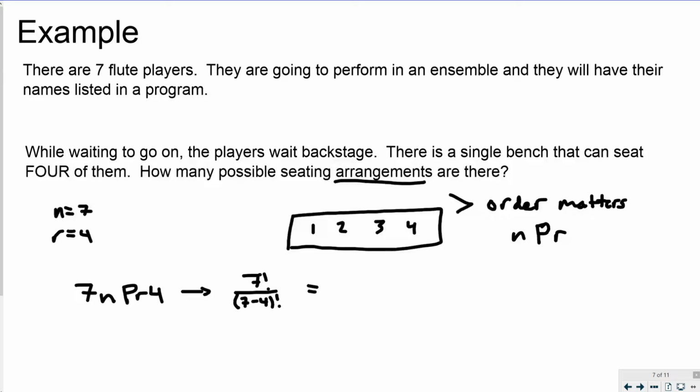And when I go ahead and calculate that, it leaves me with 840 arrangements. So there are 840 ways to seat the flute players. So there's 840 different arrangements, or 840 ways to arrange the flute players.